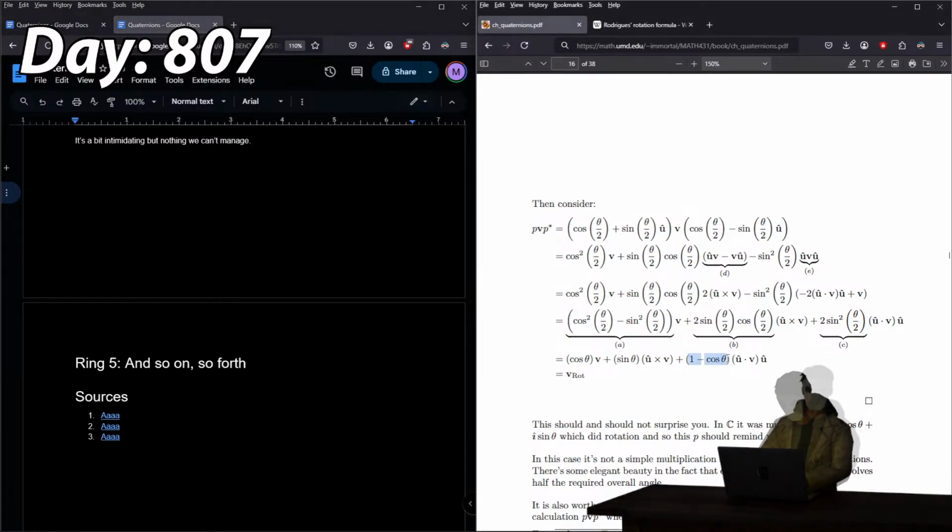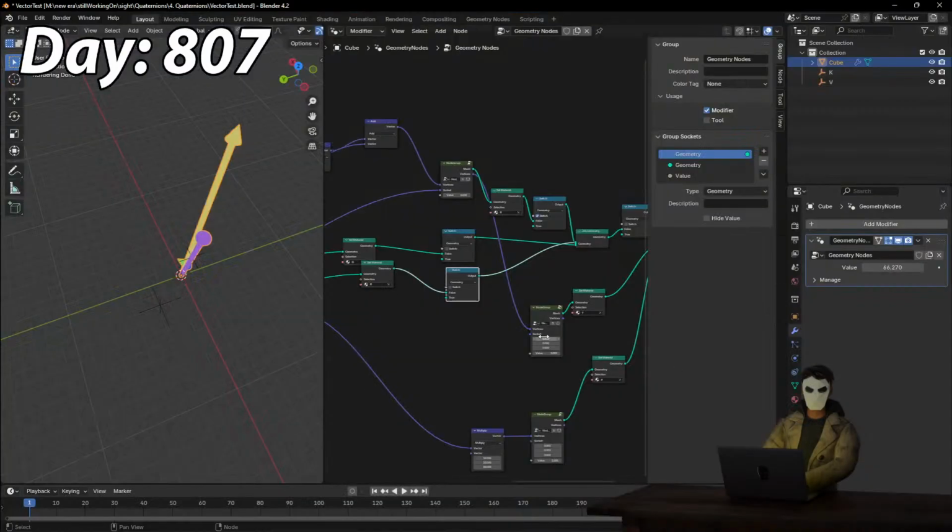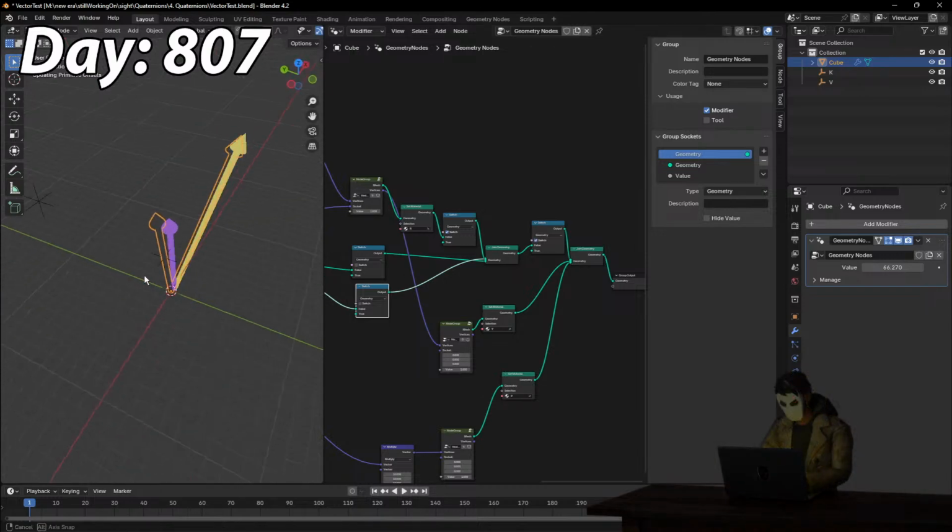is 1 minus cosine. So it's just like cosine, except it's shifted to be the opposite. Okay, and then u dot v, and then multiplied by u. Okay, so why is that? Let us think.